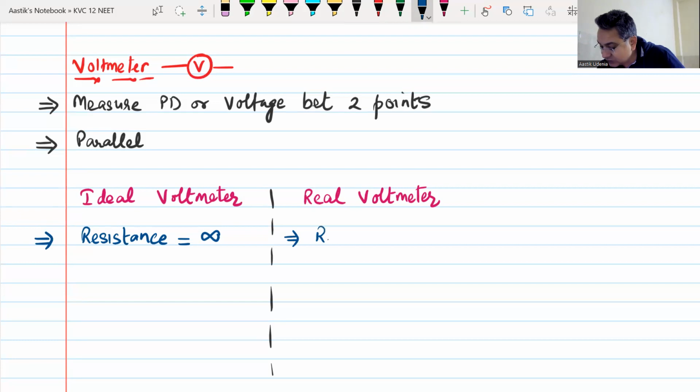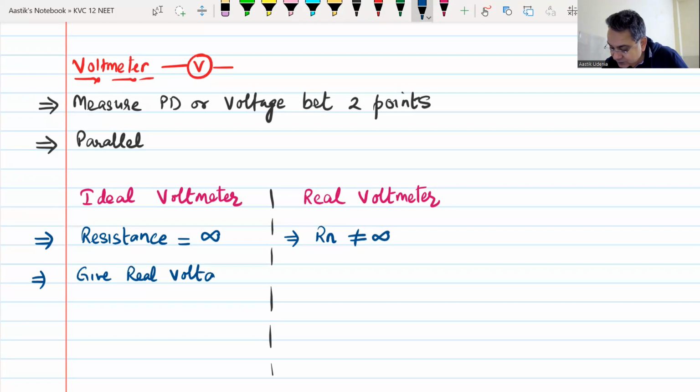The resistance of a real voltmeter is not equal to infinite, because whatever we do, we cannot make the resistance infinite. It gives us the real value of voltage. Here there is always an error because the resistance is not infinite.